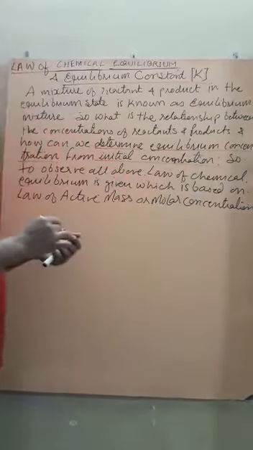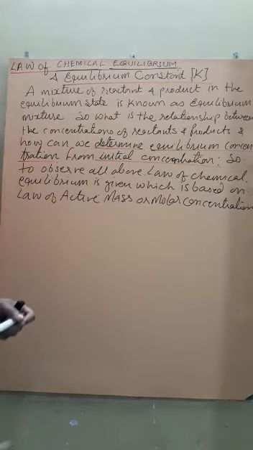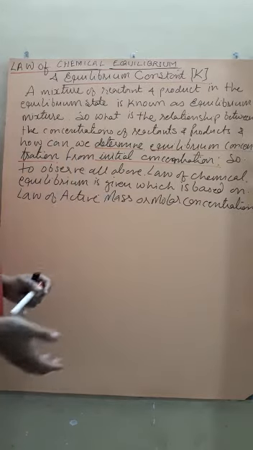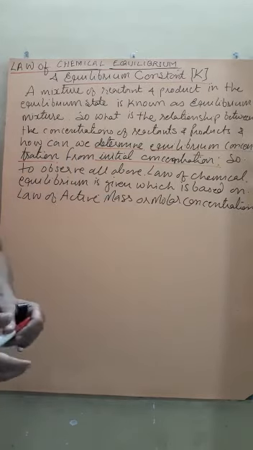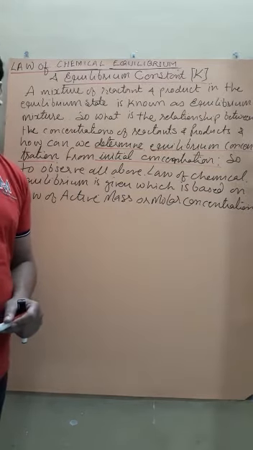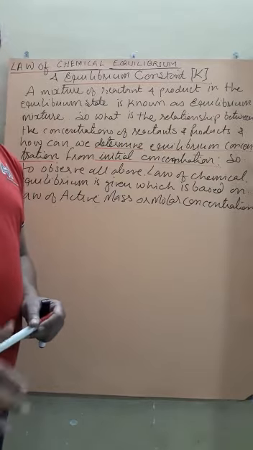Suppose we start only with reactants, so the initial concentrations of the reactants are given. Then how can we determine the equilibrium concentration? That is, at equilibrium, what will be the concentration of reactants and products?